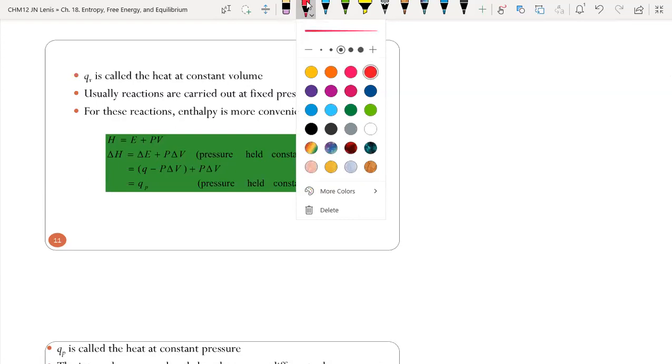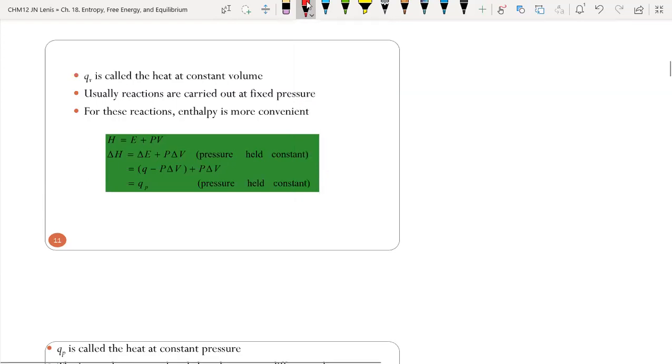In the coffee cup calorimeter, we have a system that we try to make as isolated as possible. We say the coffee cup because a coffee cup is made of styrofoam, which is some kind of insulation.